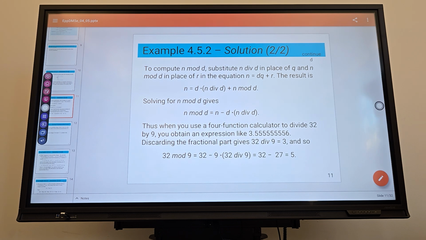Substitute n div d in place of q, and n mod d in place of r in the equation dq plus r equals n. The result is d times n div d plus n mod d. Solving for n mod d gives n minus d times n div d.